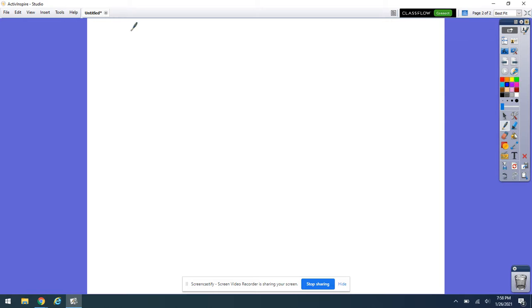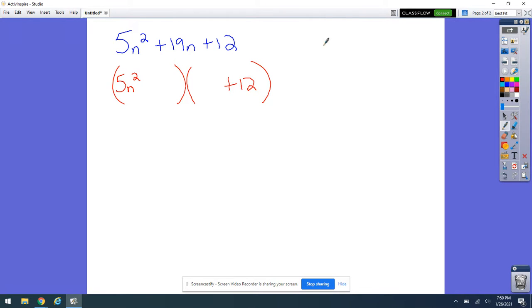Now, what happens if I have that same problem, but I want to do factor by grouping? Well, factor by grouping goes through the same process of setting up your parentheses, and I'm putting down my first term and then my last term. I do my numbers again, 5 and 12.